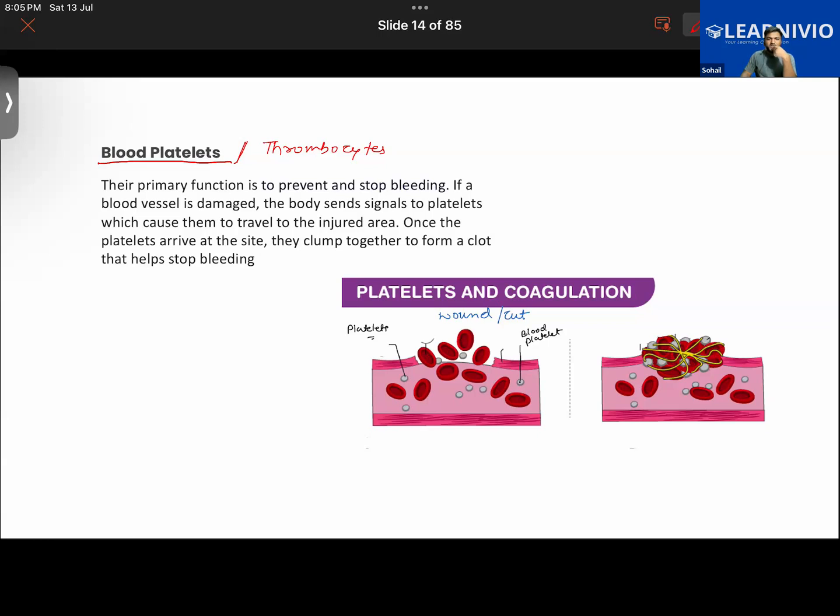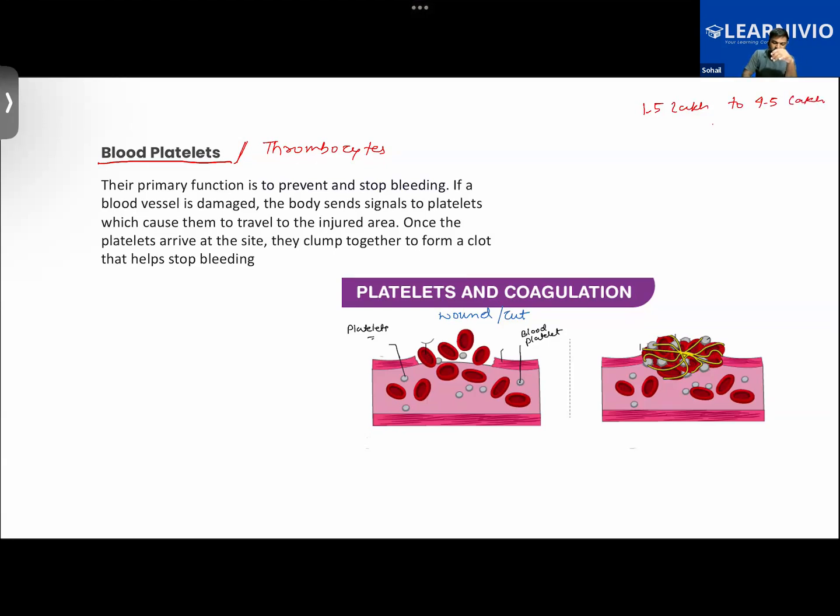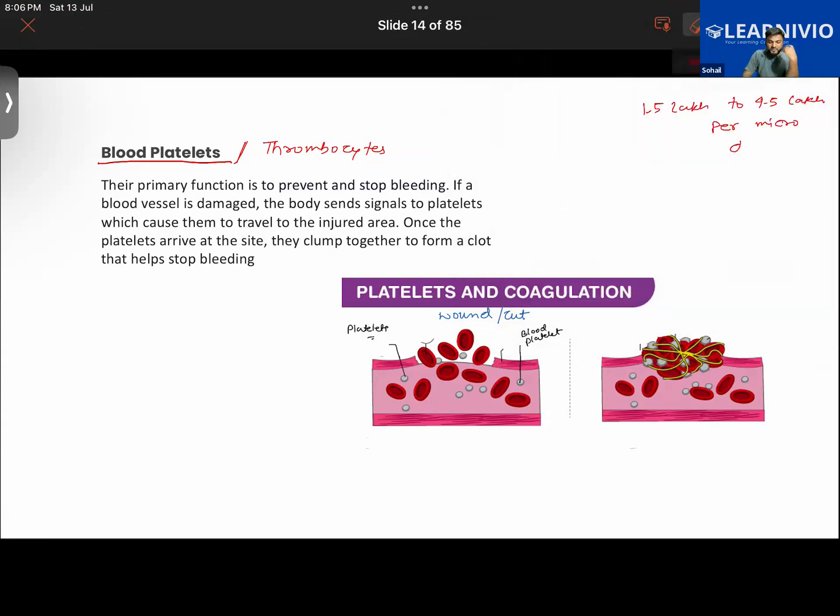Normally the count of platelets is around 1.5 lakh to 4.5 lakh per microliter of blood. So normally this much will be found.